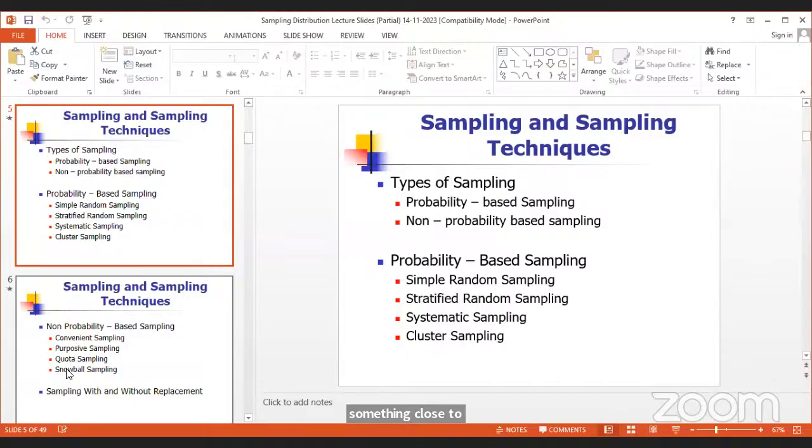So let's take the first one, which is simple random sampling.